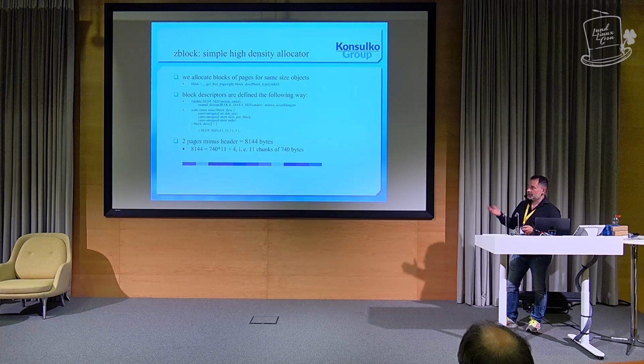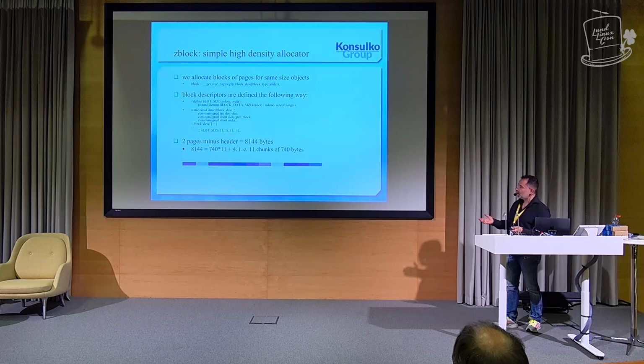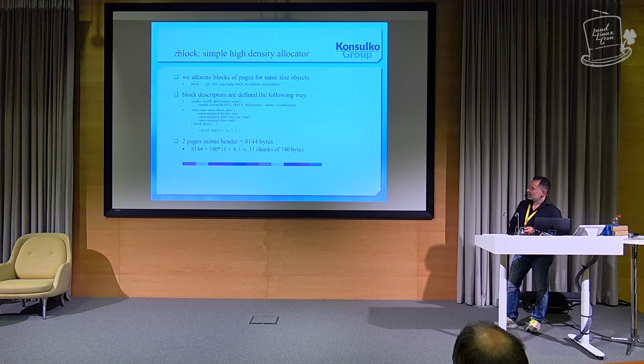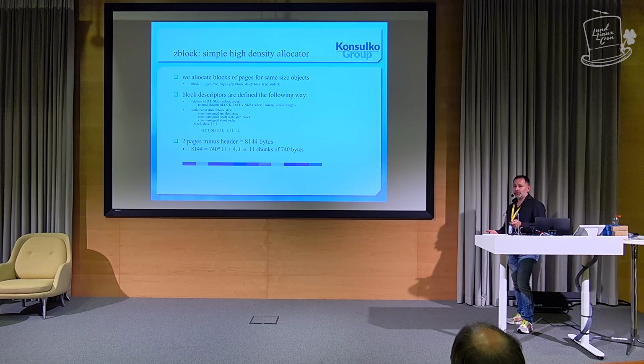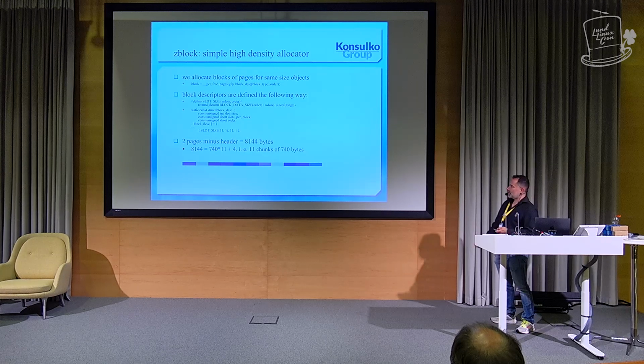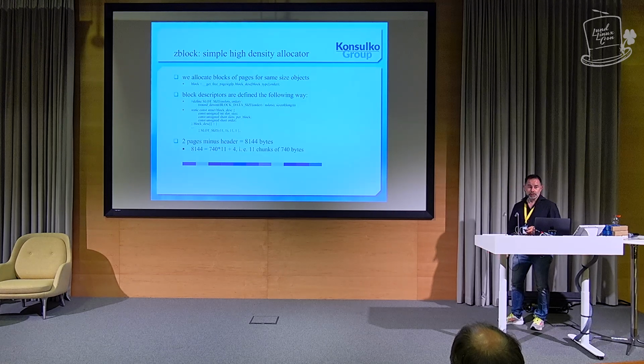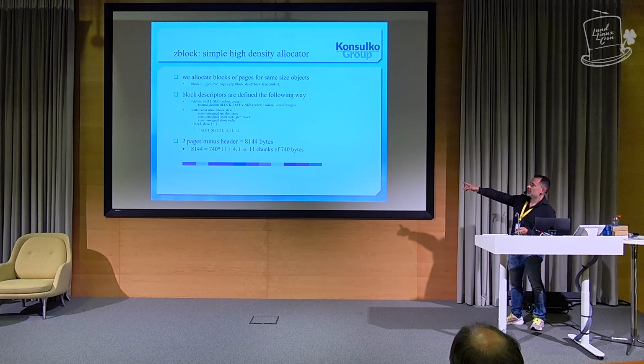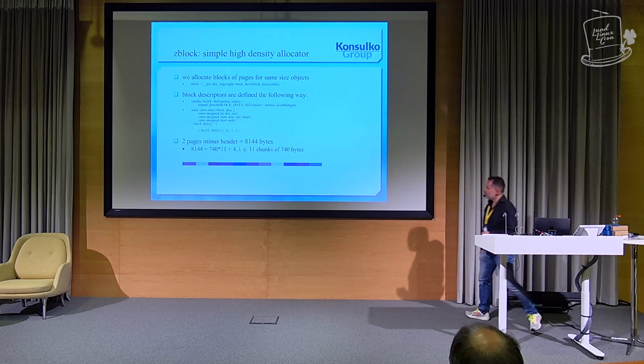And then we can, for instance, divide the remaining block into 11 subblocks of size 740 bytes, which is an odd size. But on the other hand, if you compress objects, they will have odd sizes as well. So we have 11 chunks or sub-objects of these 740 bytes. And then we have a small remainder, which is only 4 bytes.